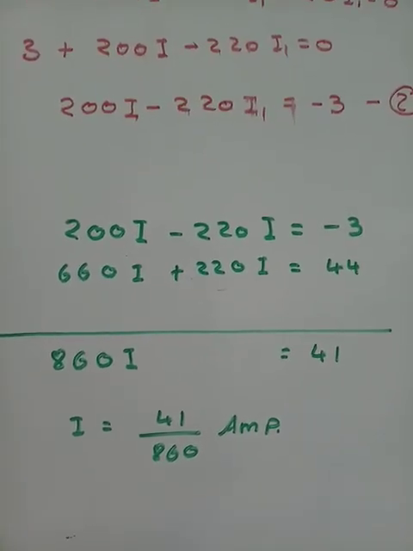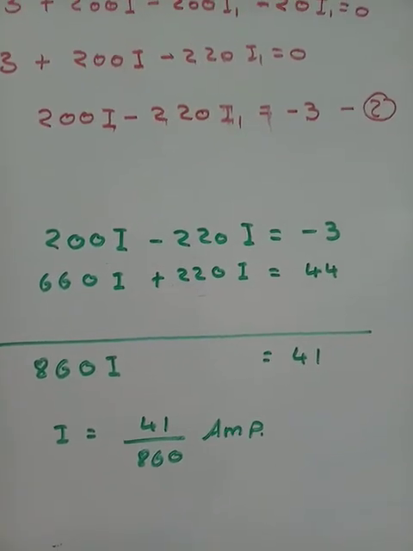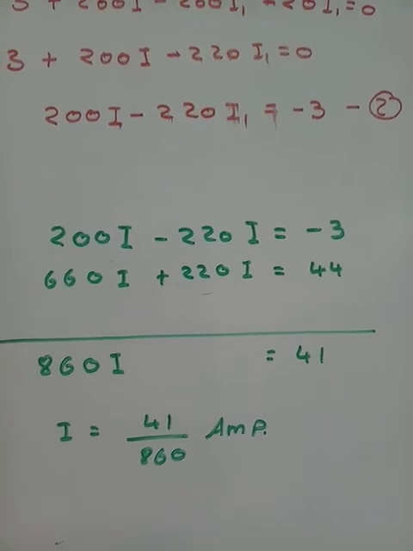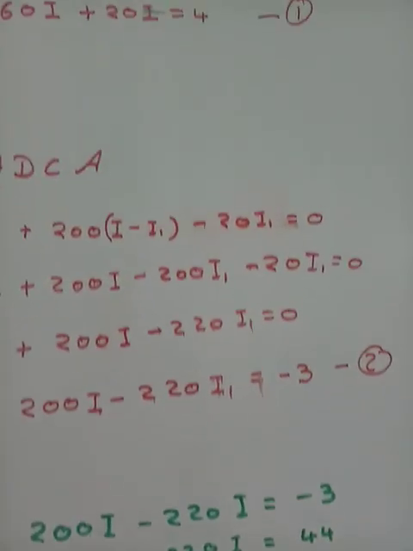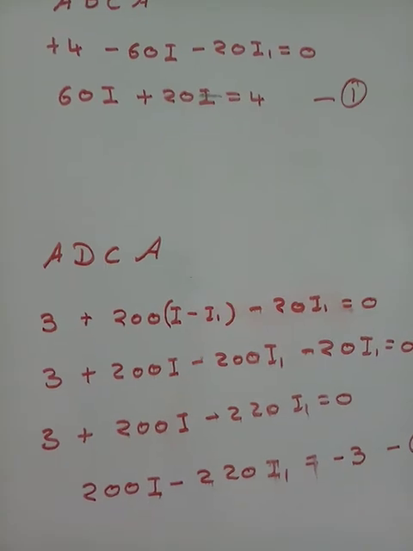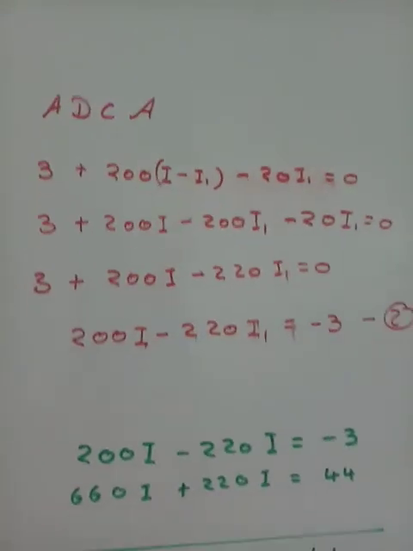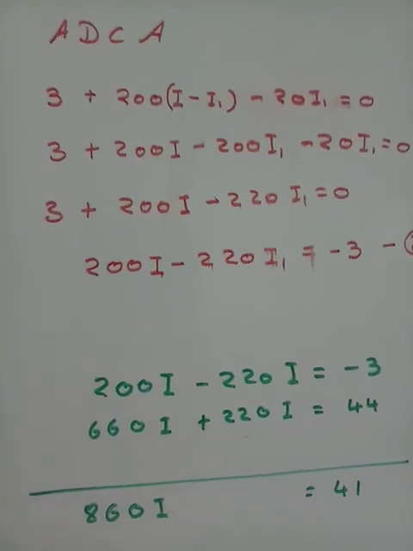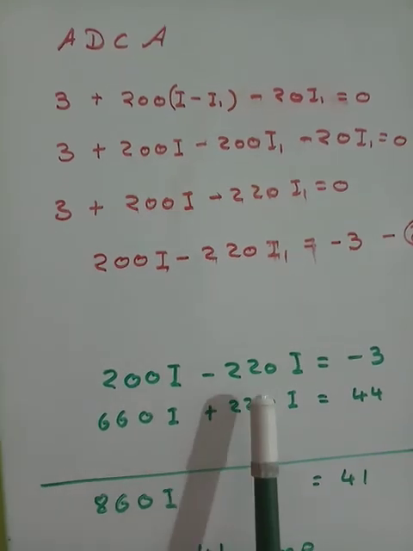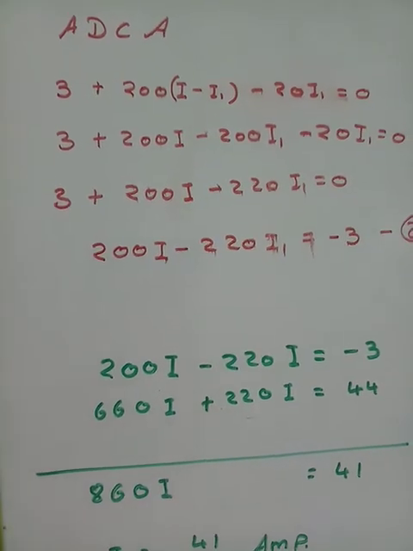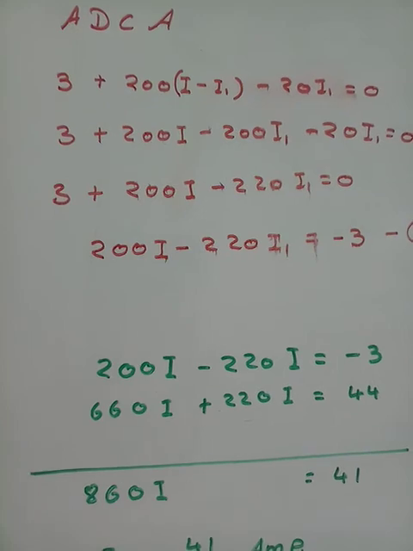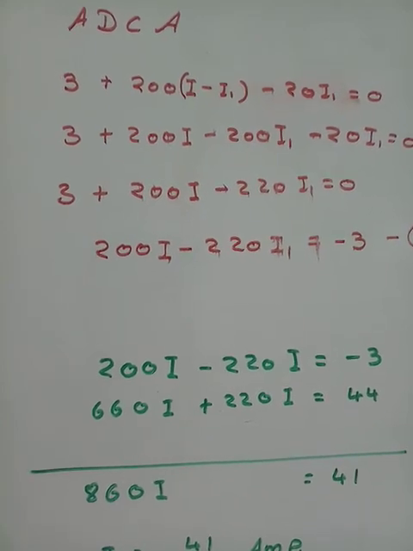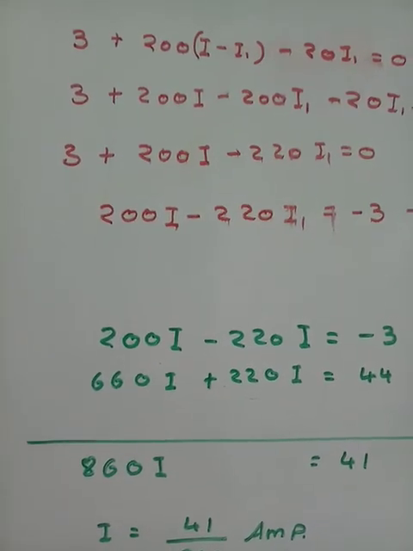This is the method I have chosen. I am writing equation 2 as it is, and equation number 1 is multiplied by 11. Why multiplied by 11? So that I can eliminate the minus 220 and plus 220. So equation 1 multiplied by 11 is added to equation 2.